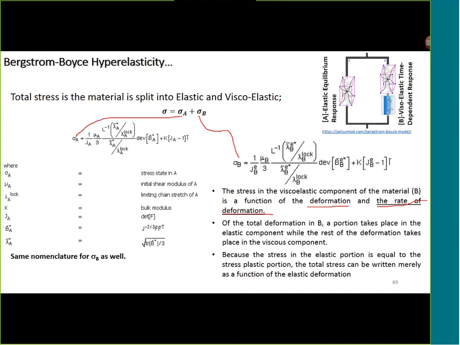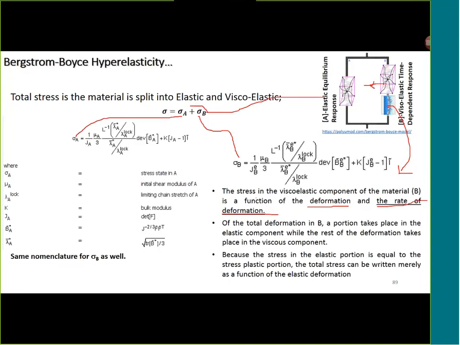It means that the viscous part has something like a statistical mechanics approach material model, which will capture the elastic part, and there is a viscous part. So there is a viscoelastic response and there is an equilibrium response.